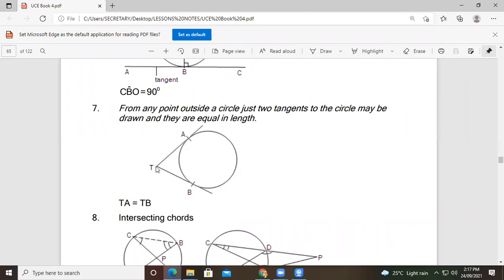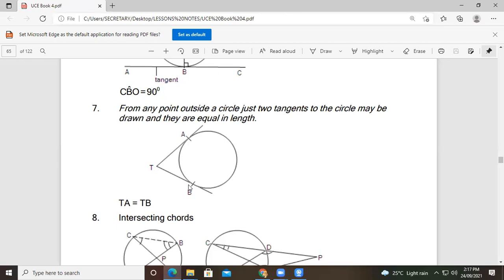So point T is shared by those two straight lines, and these straight lines become tangents if they touch the arc of the circle from the outside. So at point A, that's where the first tangent meets the circle, and point B, that's where the second tangent meets the circle.